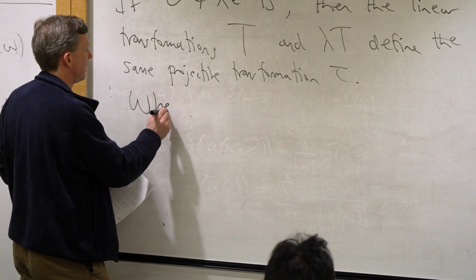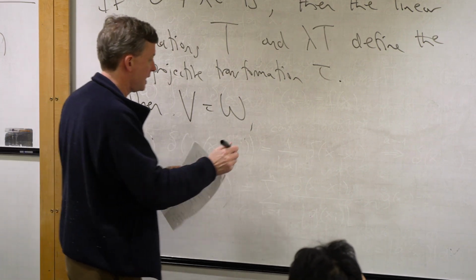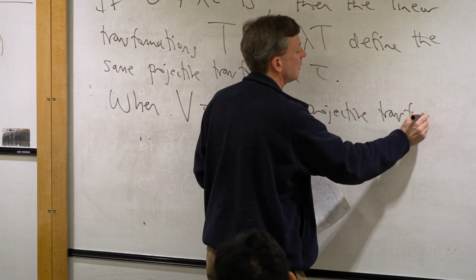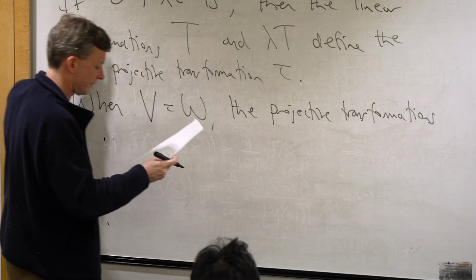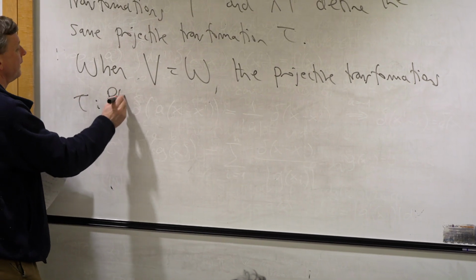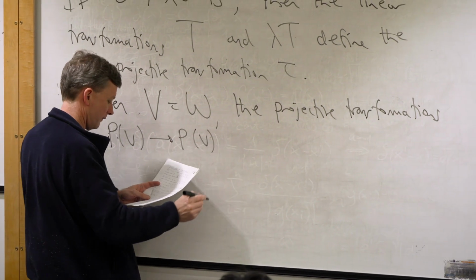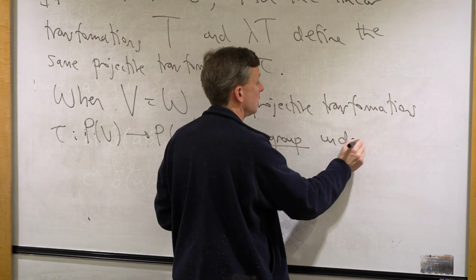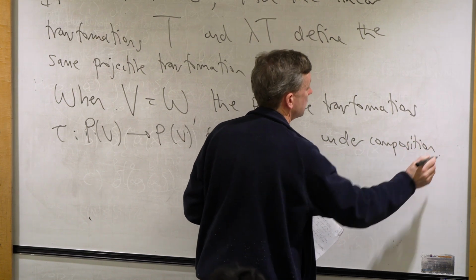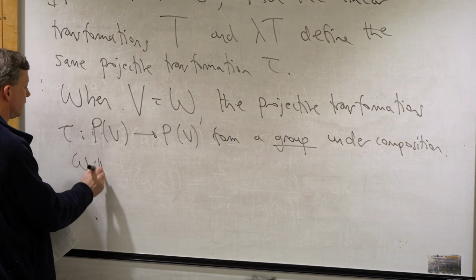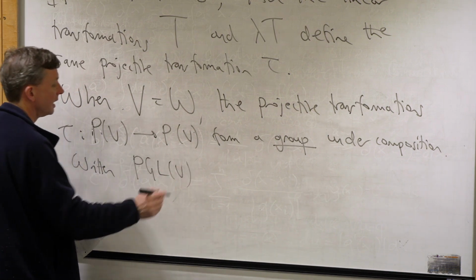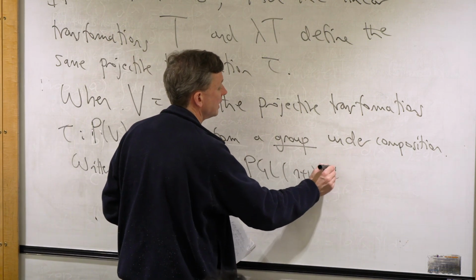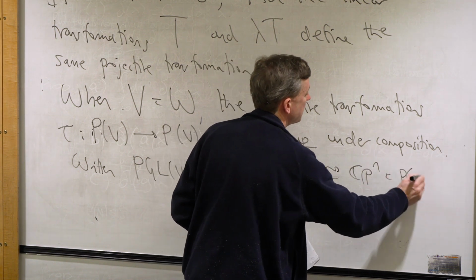And when big V is big W, the projective transformations tau going from P of V into P of V form a group under composition, and it's sometimes written PGL of big V, or let's say PGL of n plus 1 acting on CP^n, which is P of C^(n+1).